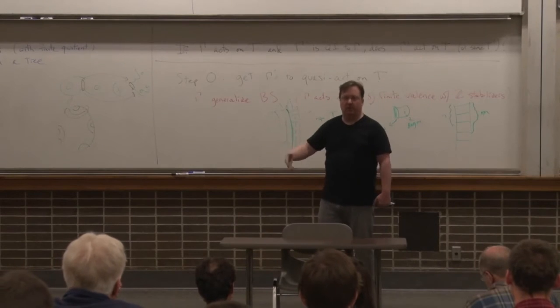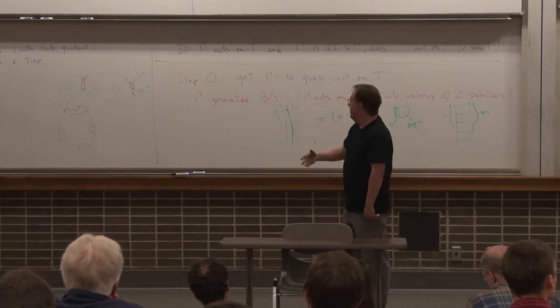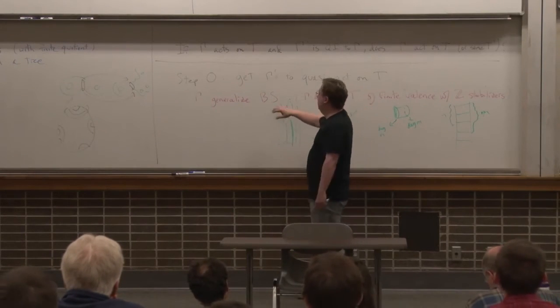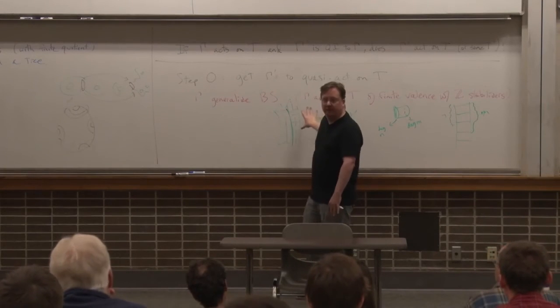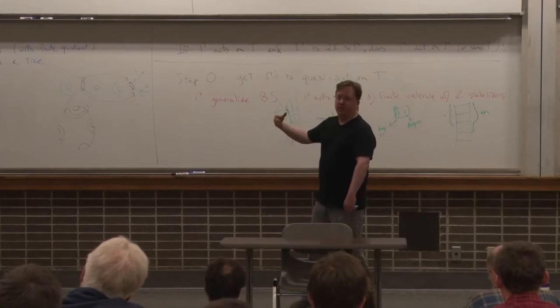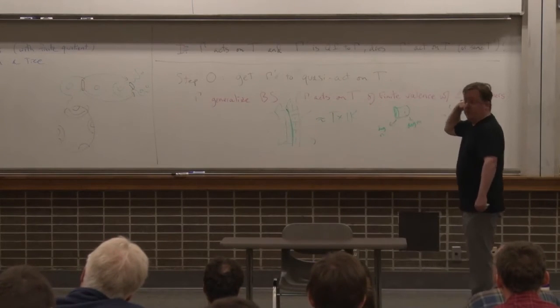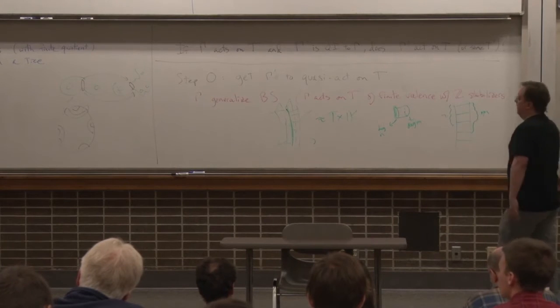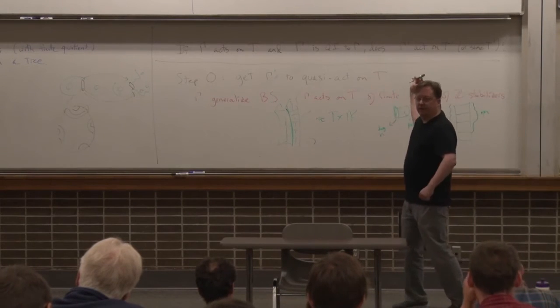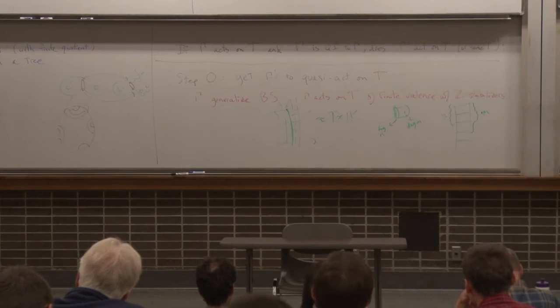Every individual element of my mystery group now acts by a quasi-isometry on gamma. Those quasi-isometries have to preserve at least approximately this decomposition pattern, and so they induce a quasi-isometry of the resulting tree. Okay. And if you put it all together, you get some quasi-action of your mystery group on a tree.